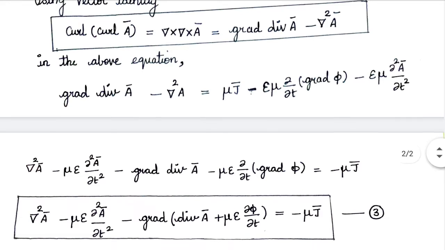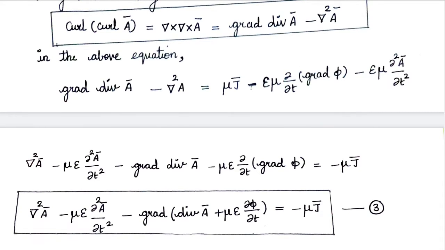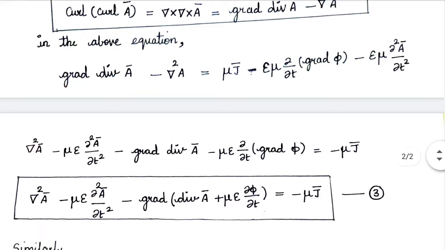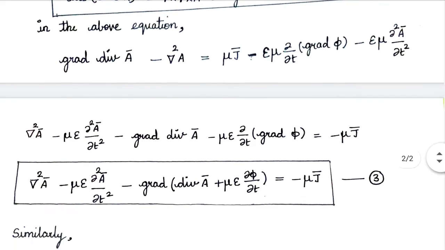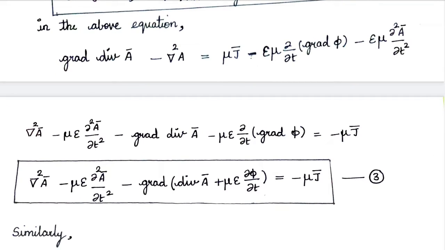So, on the other side we will have only minus mu J. It's just a rearrangement and we could see in the third term and fourth term we have a grad. So, we have taken it as common, then we get del square A vector minus mu epsilon into dou square A vector by dou T square minus grad into div A vector plus mu epsilon dou phi by dou T. Here we have taken the minus as common. So we get within the bracket div A vector plus mu epsilon dou phi by dou t, that is equal to minus mu J vector.